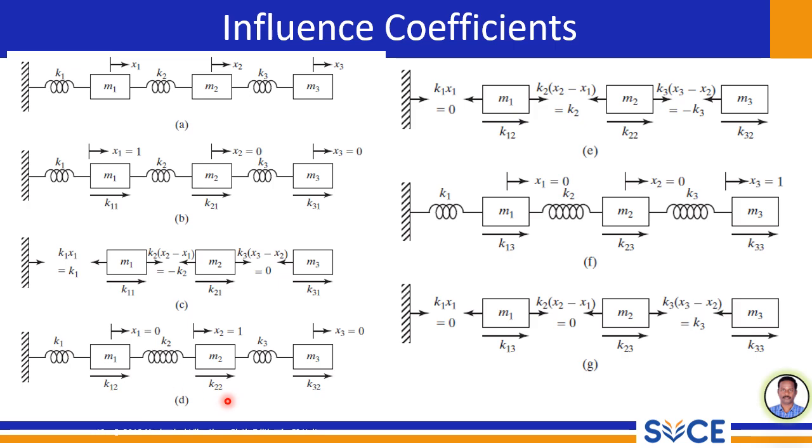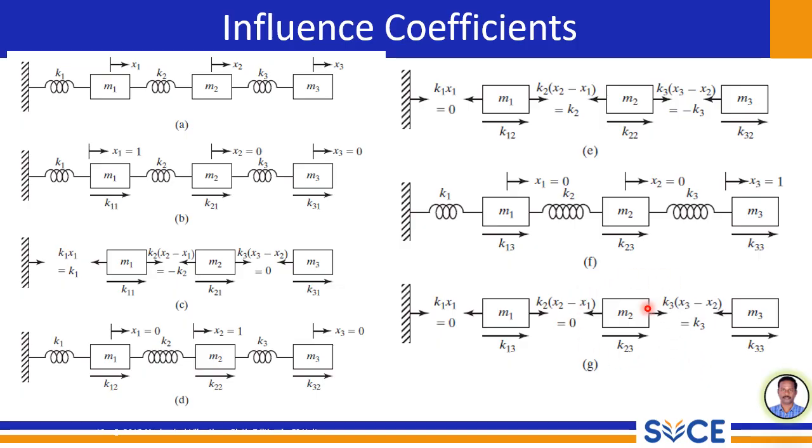The force at mass 2 is K2 plus K3, and the force at mass 3 is minus K3, as discussed in diagram E. Similarly, if we put mass 3 at unit displacement and masses 2 and 1 at 0 displacement, mass 3 requires a force of K3, that is positive.